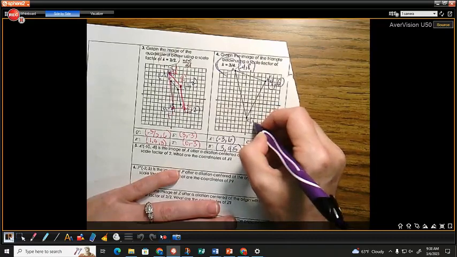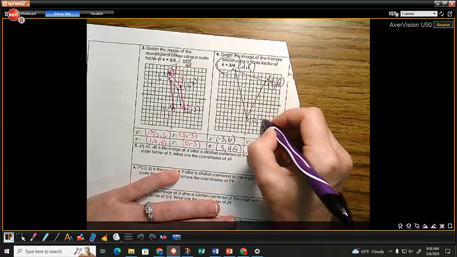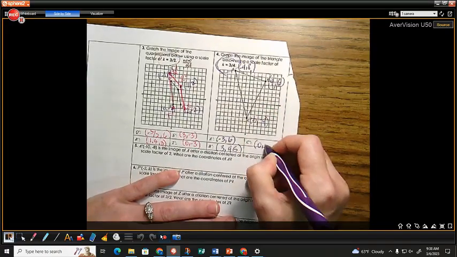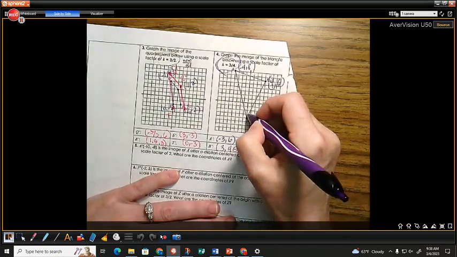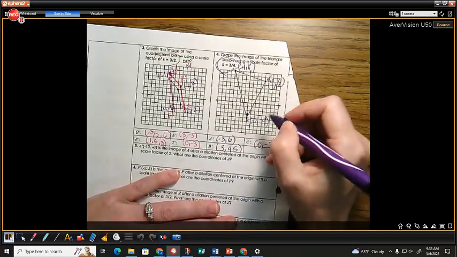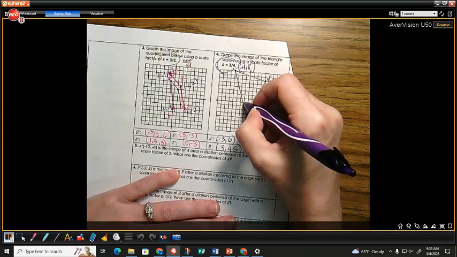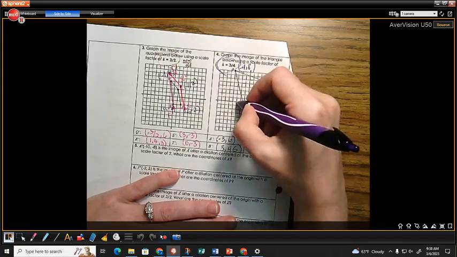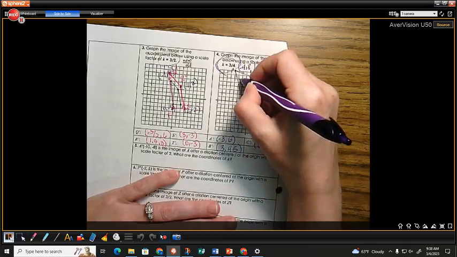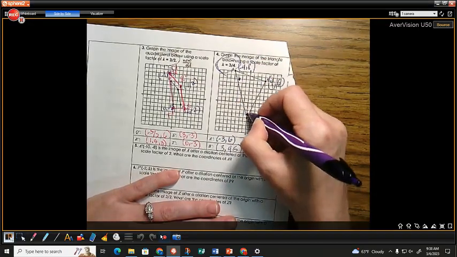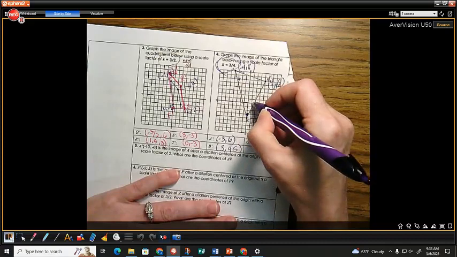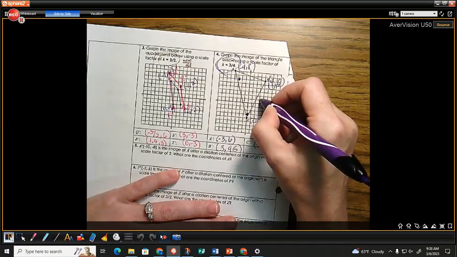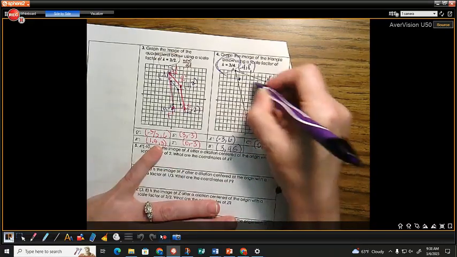And C is at 0, negative 4, so it'll be at 0, negative 3 for C prime. Okay, so negative 3 up 6, 1, 2, 3, 4, 5, 6. This guy, and 3, 4.5.